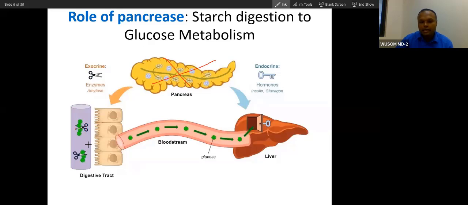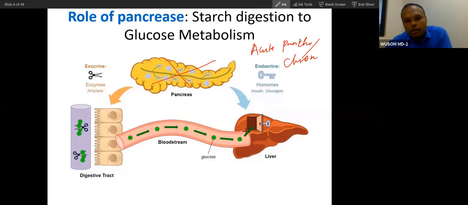Remember, correlate this with when the pancreas is not there. If you have to understand something, you'll have to understand this. In acute or chronic pancreatitis, when the pancreas is not functional, what will happen? Your digestion will be affected, and along with digestion, your metabolism of carbohydrate, protein, and fat will also be affected.